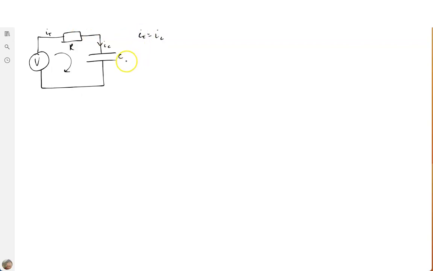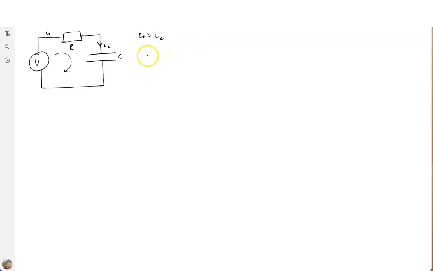We also know from the potential divider circuit that we looked at previously that we can find the voltage across this particular impedance, this capacitor, by the potential divider equation.